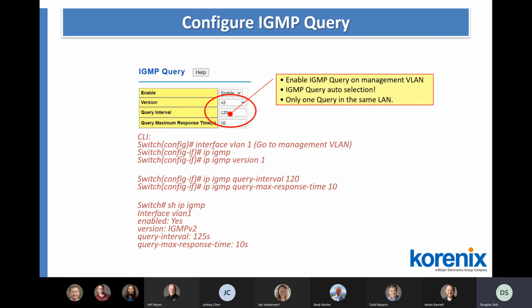V1 does not include a leave message, so if a viewer does not want to watch the video anymore, they leave silently and the membership just times out. If we use V2, once a member does not want to see the video, the member sends out an IGMP packet with a leave message. Then the switch will notice that no one wants to see this video and stop the stream.